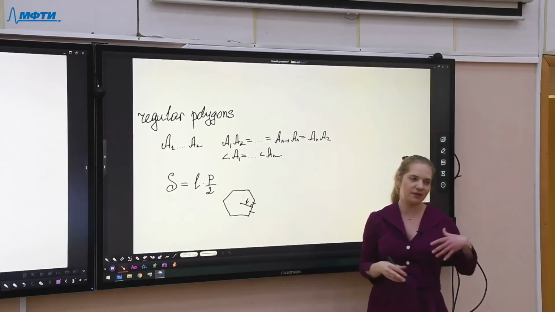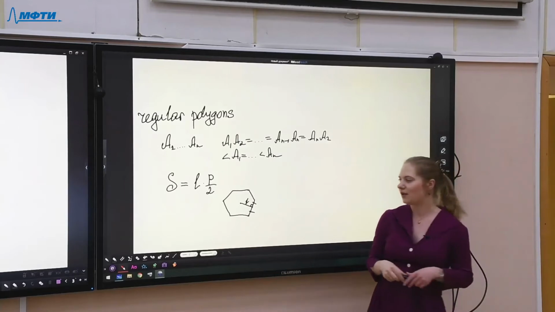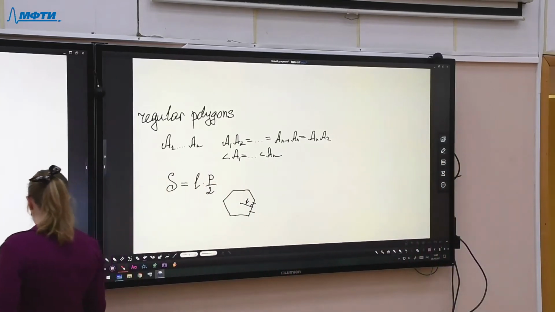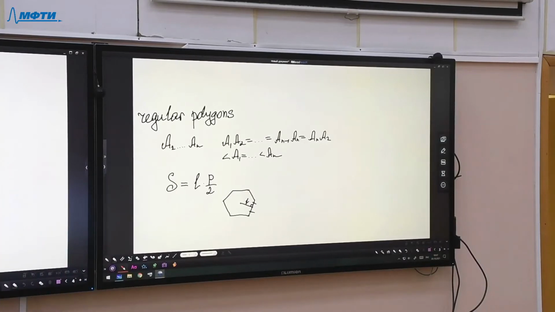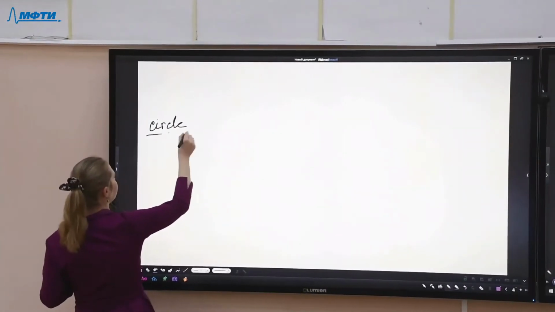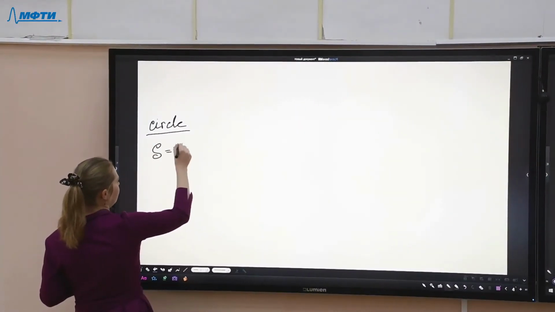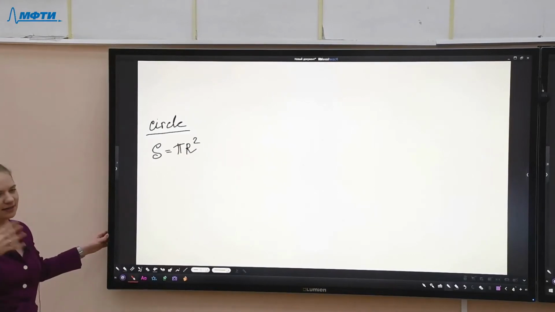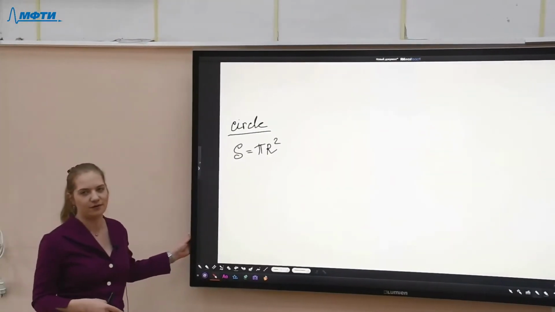A perimeter is the sum of all sides of a figure. Okay, and finally, a circle. Its area is pi R squared. Here R is the radius of our circle.